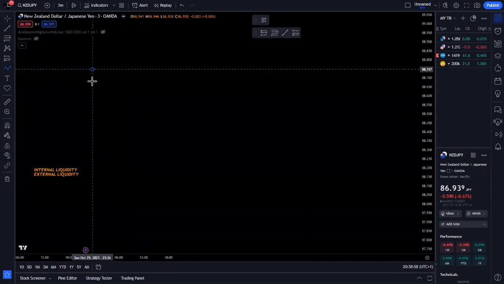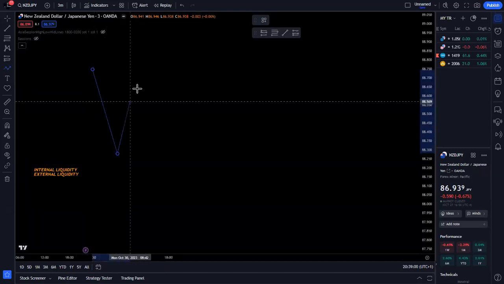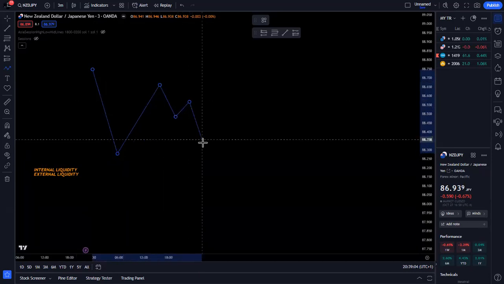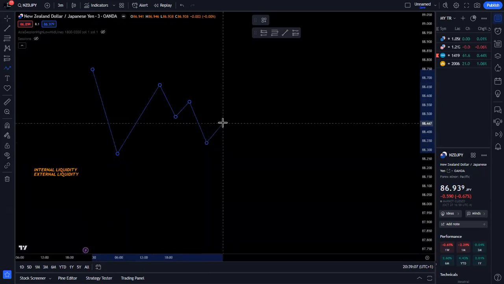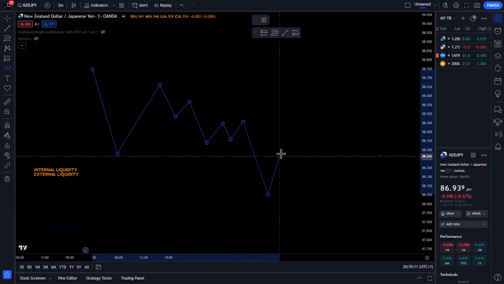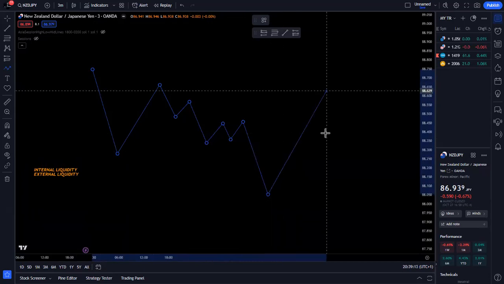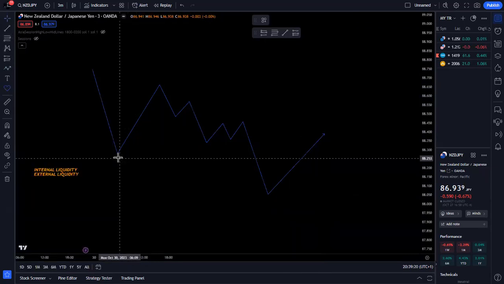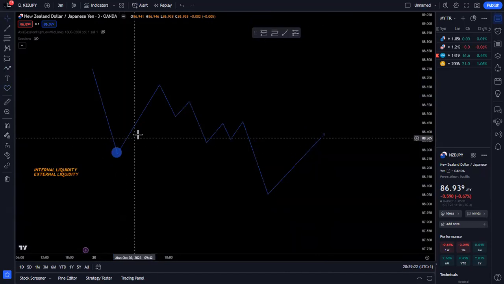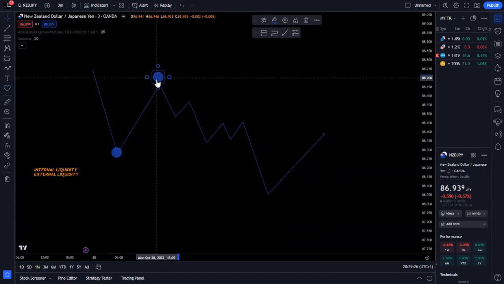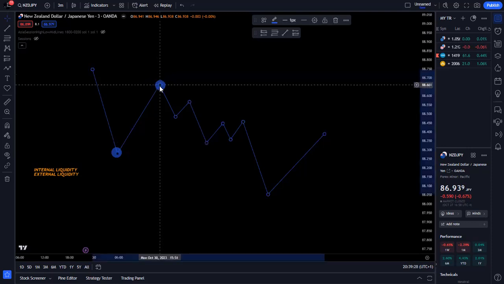Let's assume we have a structure of this nature. I trust all of you should already know this. At this point, this is the swing low. This is the swing high.